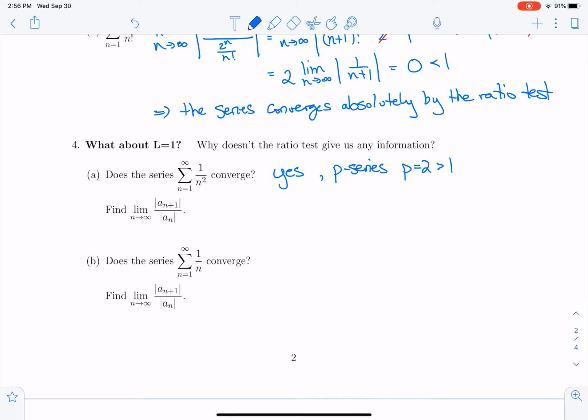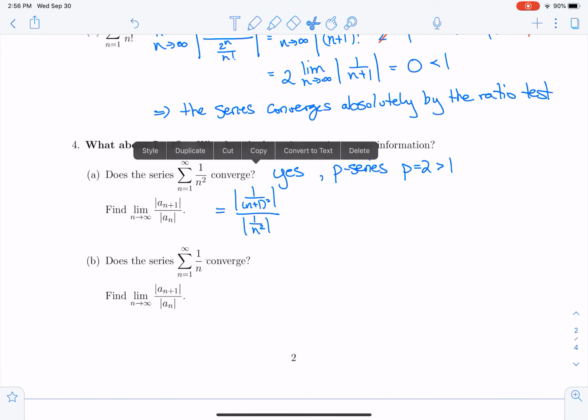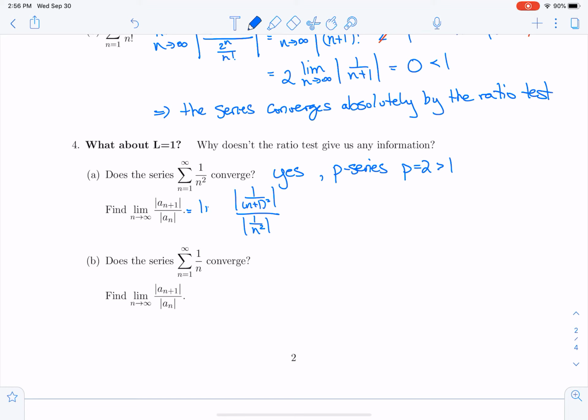But what is the limit of the ratio of the terms? Well, it is 1 over (n+1) squared divided by 1 over n squared. And so we want to simplify that limit. Always good to remember to write your limit signs.